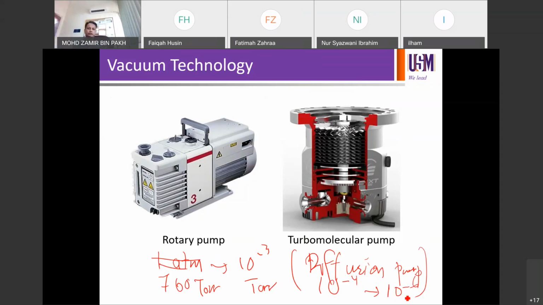If you want to go below that, you can move to a turbo molecular pump. Lagi rendah dia punya vacuum level, the more expensive the pump gets, because it needs to evacuate more. It has to have better capability, faster speed, and stuff like that in order to evacuate the chamber to get to the vacuum level that you need.